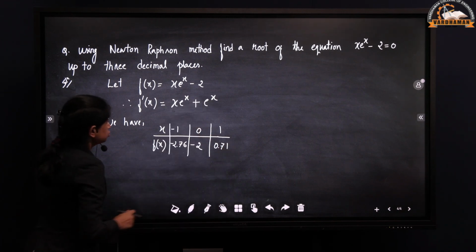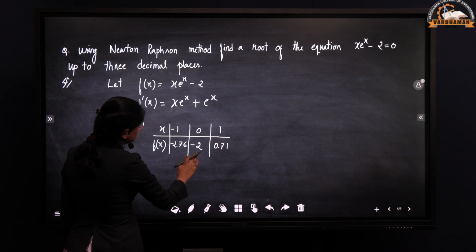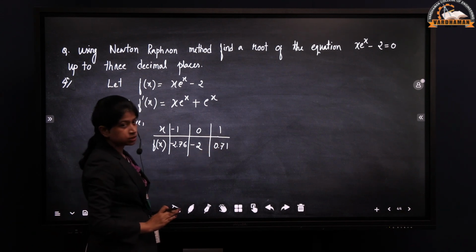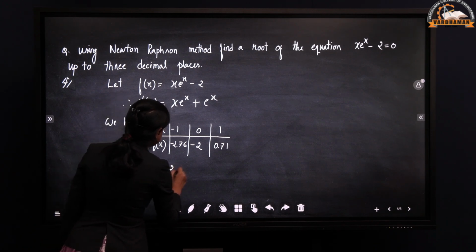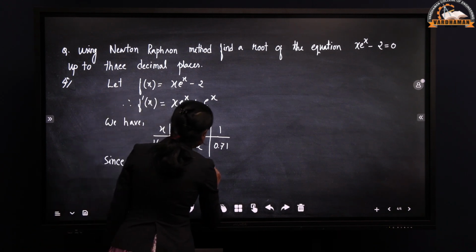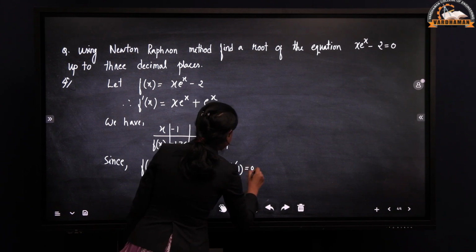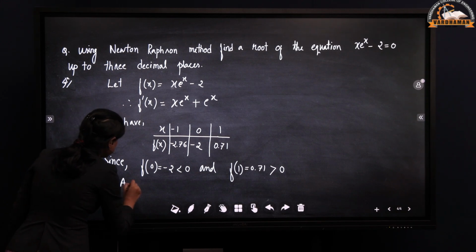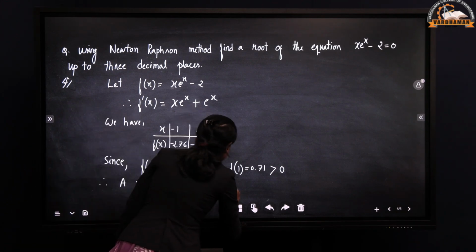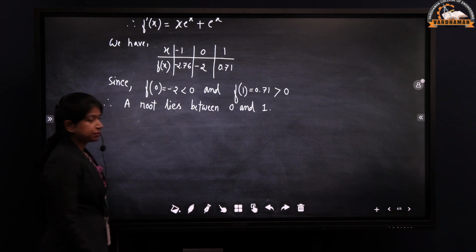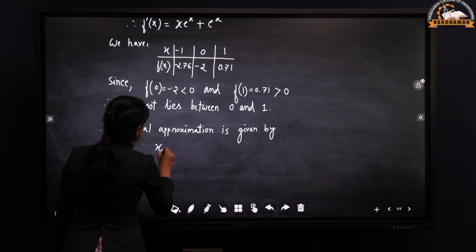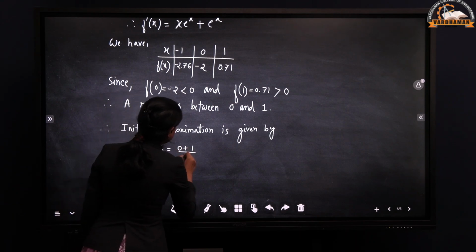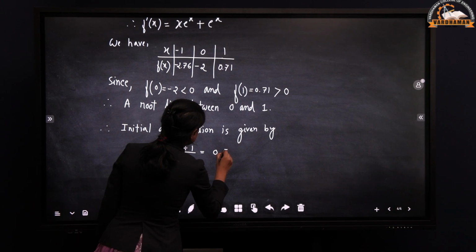So for 0 it is negative and for 1 it is positive. Since f(0) is -2, which is less than 0, and f(1) is 0.71, which is greater than 0, therefore our root lies between 0 and 1. So the initial approximation is x0 equal to 0 plus 1 by 2, that is 0.5.